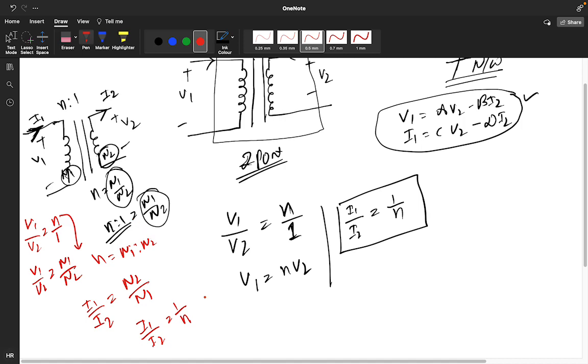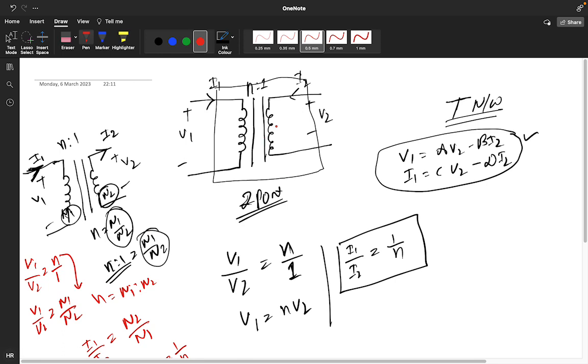See here, what direction is taken? If you assume it in this direction, this I2 will become minus I2. Am I correct? So this is minus I2 actually. In a transformer it is applicable in these directions, but in a two-port network the question gives the current I2 in a particular direction.